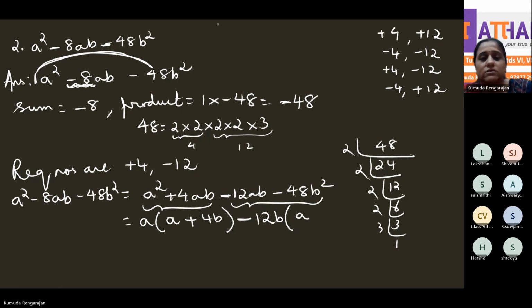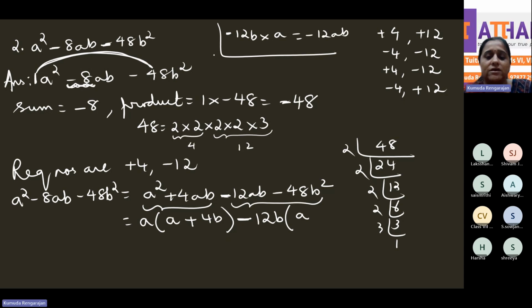See, -12 is common. Minus 12b is common. Minus 12b into a will give you the third term minus 12ab, and minus 12b, which is common, into 12 fours are 48. b into b is b squared, will give you minus 48b squared.